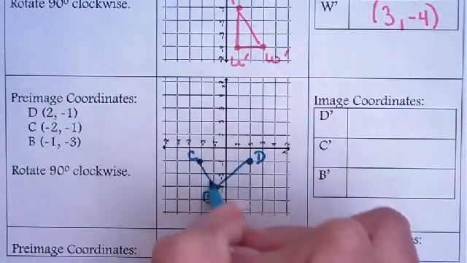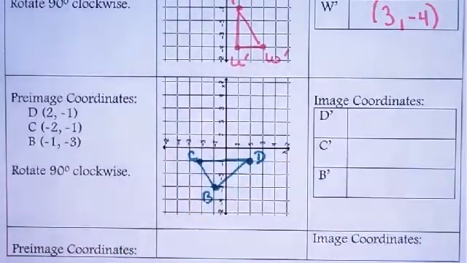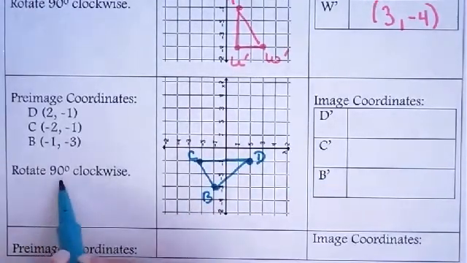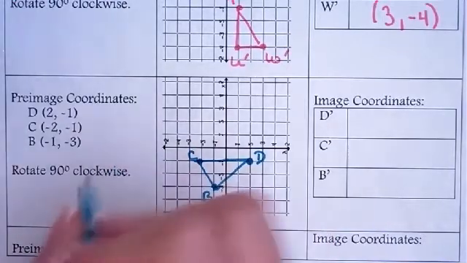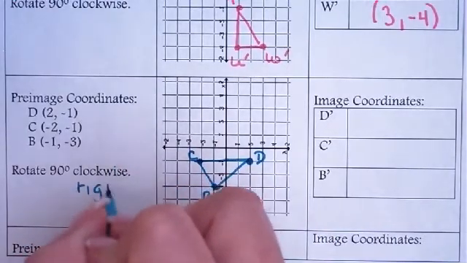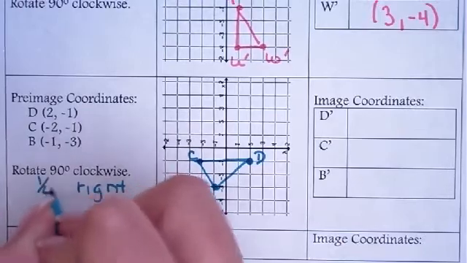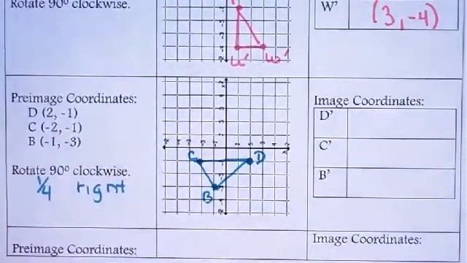Now, make my triangle. Again, I'm rotating 90 degrees clockwise, so this means I'm going to the right, and the 90 degrees means I'm making 1/4 of a turn. So that's what I'm going to do.